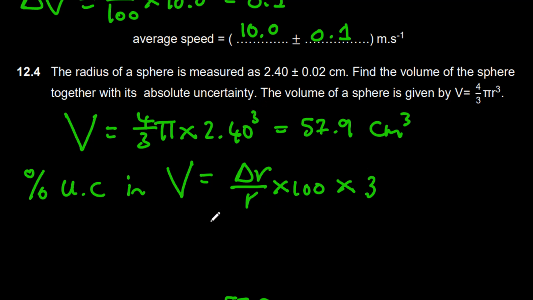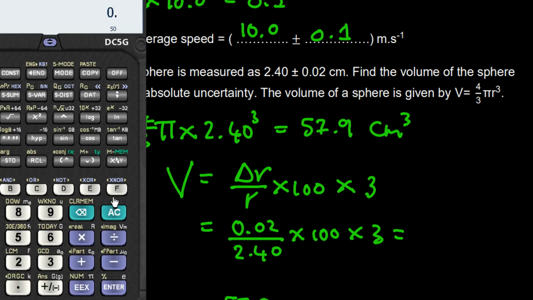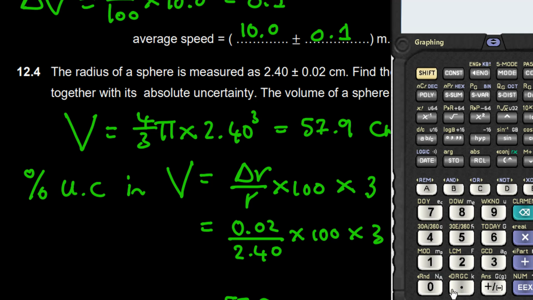And of course, we can do this on the calculator. Delta R over R, and we get 2.5%.